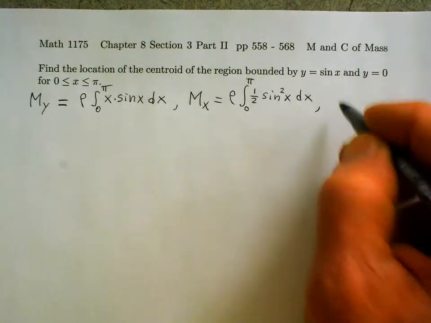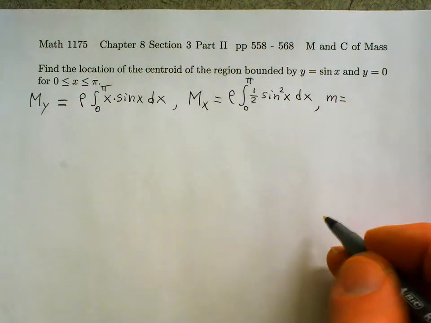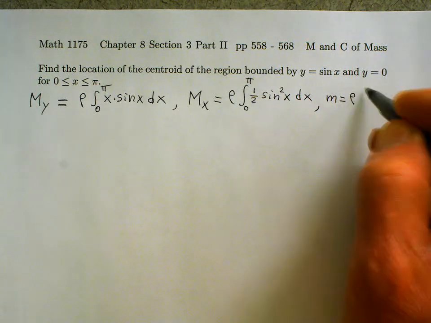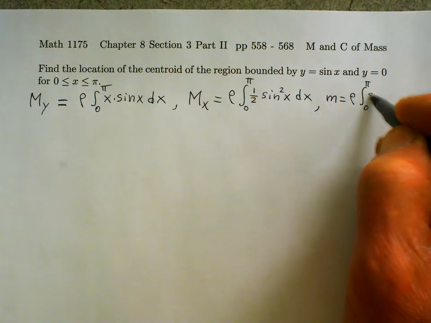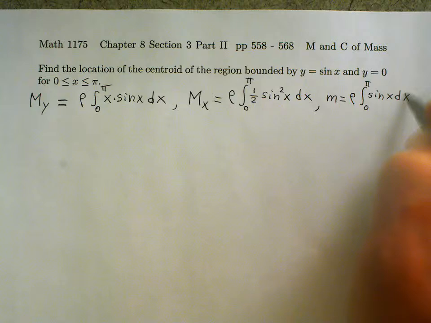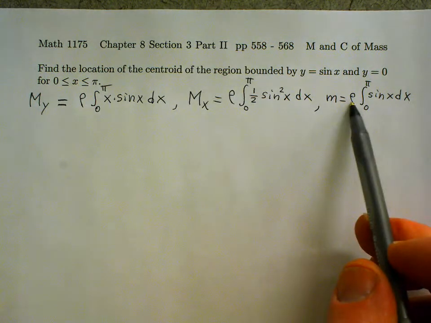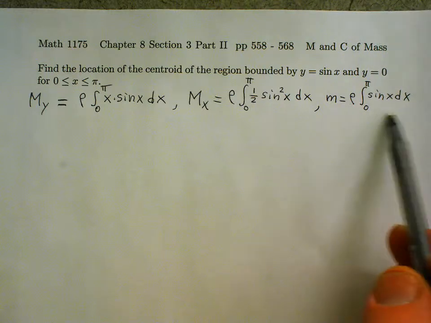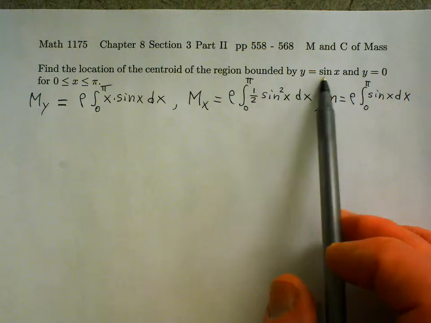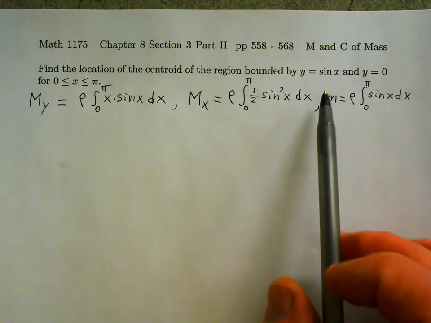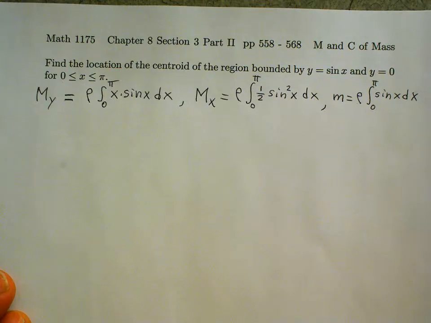Then the mass of the region is rho times the definite integral from 0 to pi of sine of x dx. So the mass is just rho times the area of the region below y equals sine of x between x equals 0 and x equals pi, which is the definite integral of sine of x from 0 to pi.